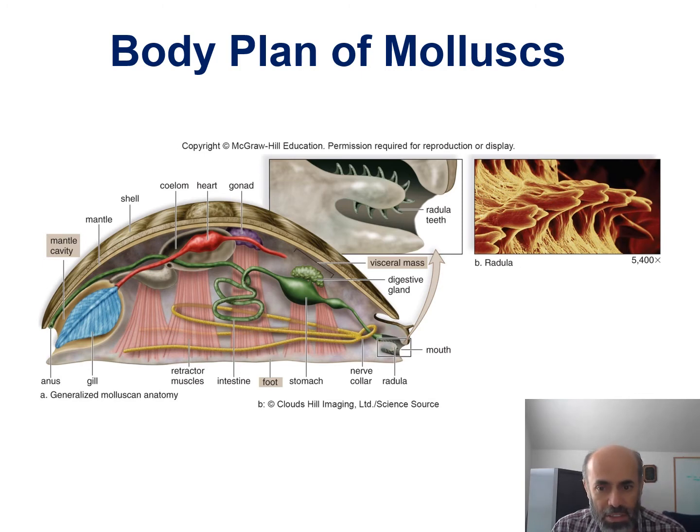Their digestive system starts with the mouth and ends with the anus, so it is a complete digestive system that has two openings. We also see some muscles in their body, like in clams, that help them to locomote, to move.